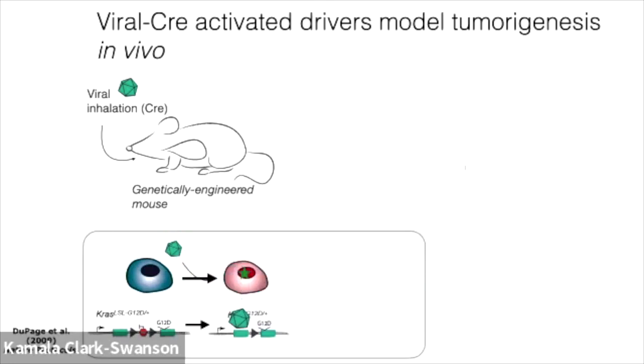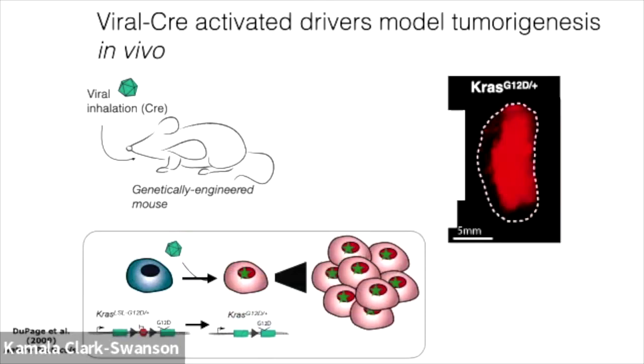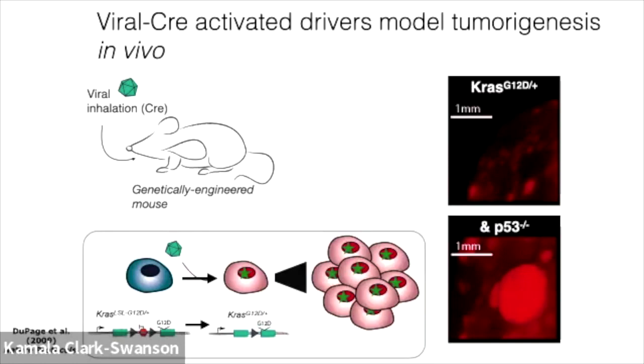For example, this is an oncogenic form of KRAS. When Cre activates this oncogene in this mouse epithelial cell, it causes increased proliferation. And then if you also activate a fluorophore, a red fluorophore, people were able to visualize this widespread hyperplasia across the mouse's lung. And this is really how people studied growth in mice when I began my postdoc.